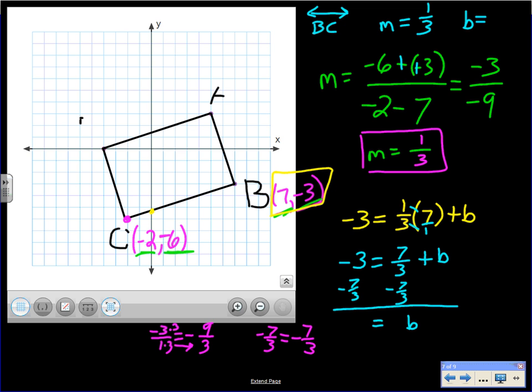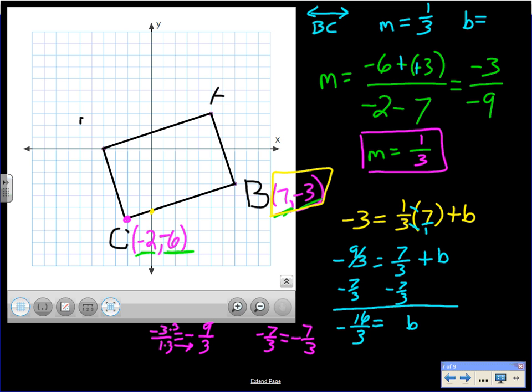We have -9/3. Let me erase that here. So our new problem is -9/3 minus 7/3. Well, we know -9 minus 7 is going to give us -16, and the denominator will stay the same as a 3.